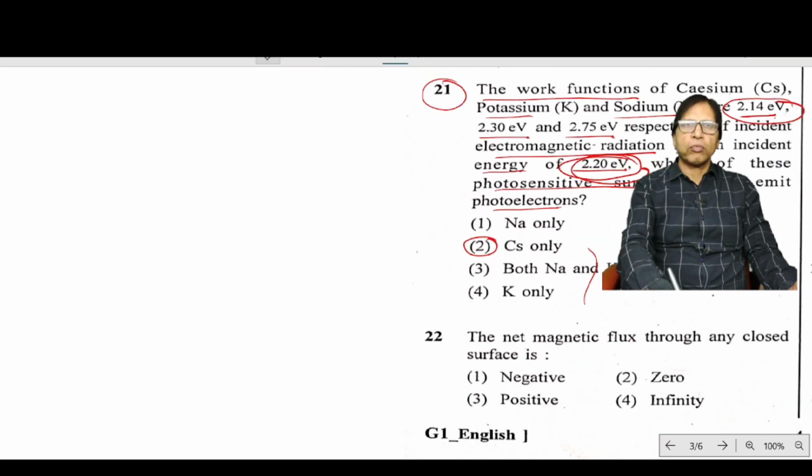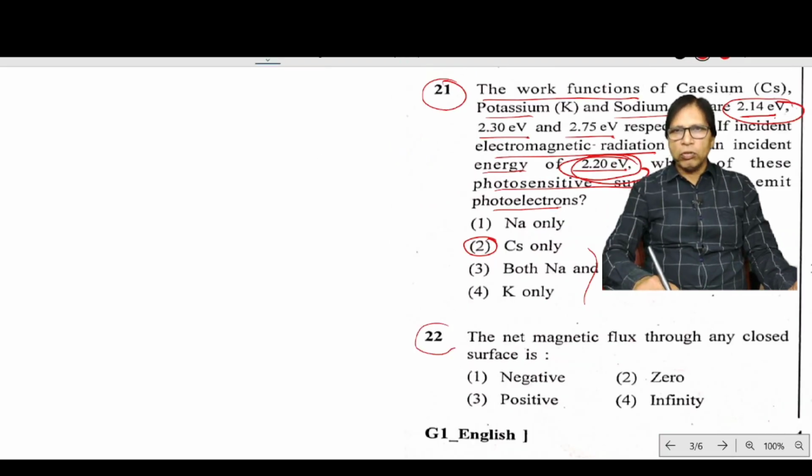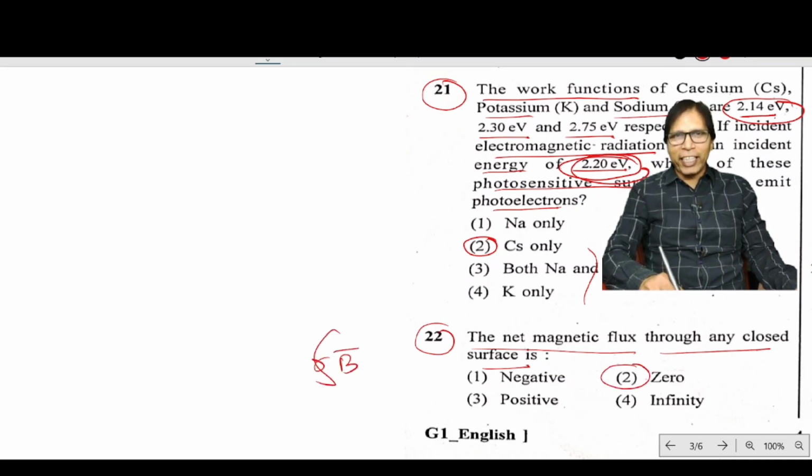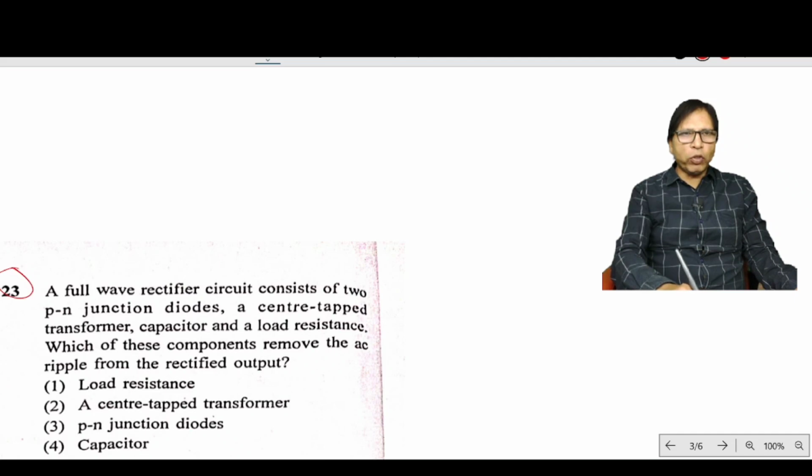Now 22. The net magnetic flux through any closed surface is equal to 0 according to Gauss law. This is the B vector dot dS vector, and this equals 0. Look at question number 23.